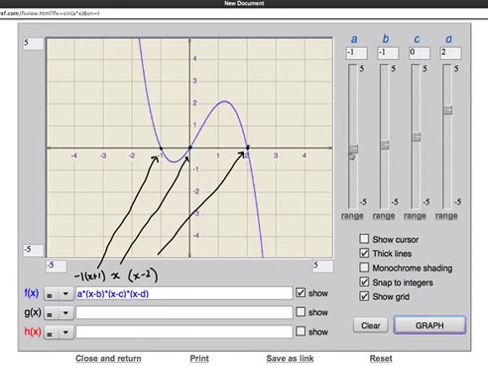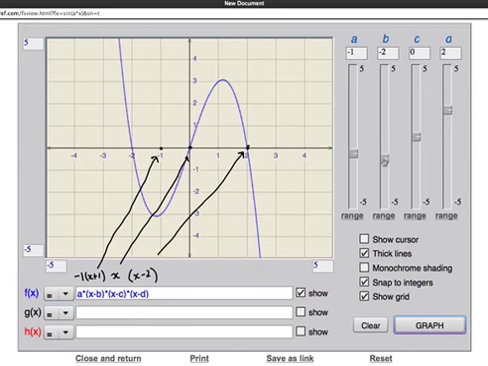So let's go back to the original -1. There's the original graph. And let's concentrate on this factor x plus 1, or x minus -1. And let's change this to -2, so that this factor is now going to be x plus 2. The graph now crosses at -2.